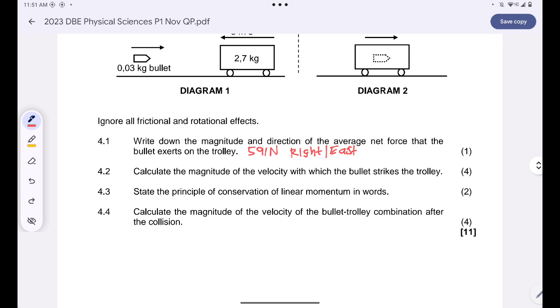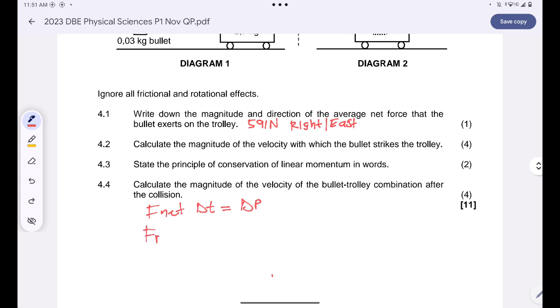The trolley will push the bullet towards the left. Are you together? So I can simply use my equation that says F net delta t is equal to delta p.